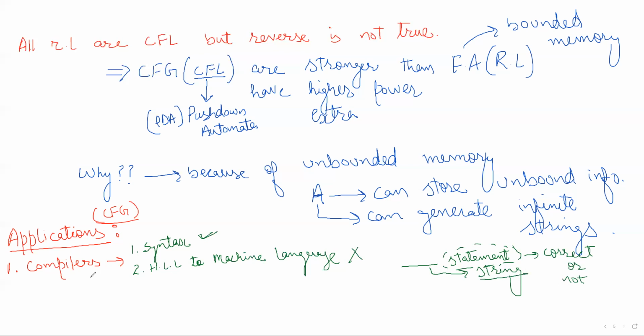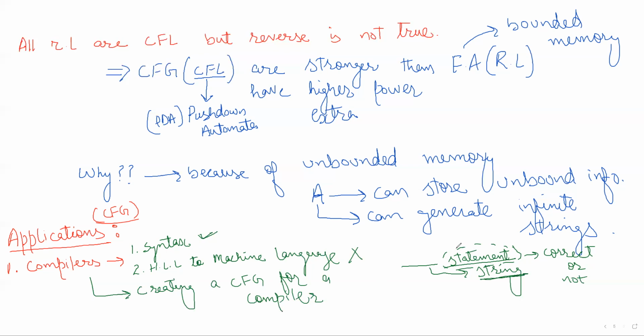What compiler designers are doing, they are creating a context-free grammar for a compiler. Now if you have a statement, or we can say a string, you have to check whether this statement is correct or has some syntax error.